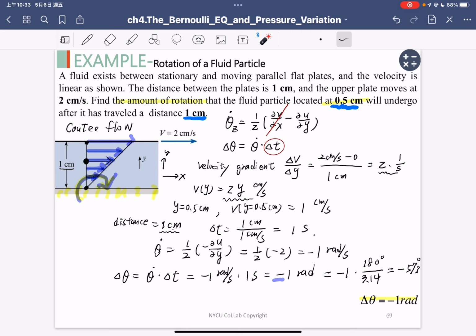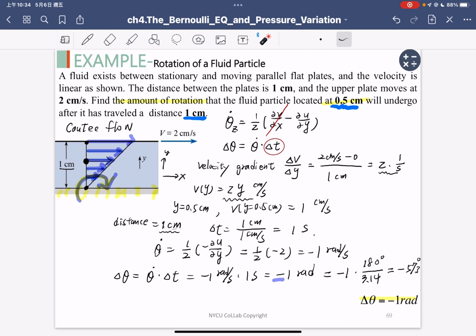As we know, the Couette flow is a rotational flow, right? And in the Couette flow we discussed viscosity, so that means some rotational flow is influenced by the viscosity effect.